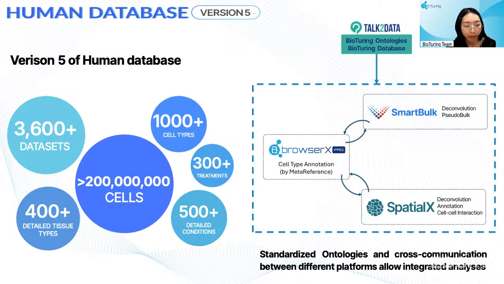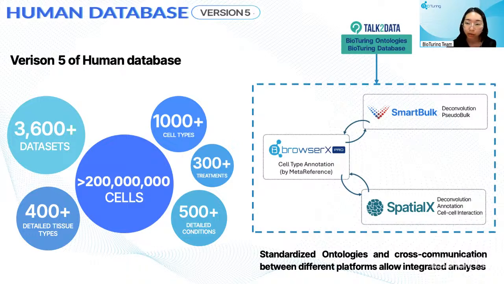So we have more than 200 million human cells, over 3,600 data sets, 100,000 or more cell types, over 300 treatments, over 500 detailed conditions, which are either diseased or healthy, and over 400 tissue types as well.